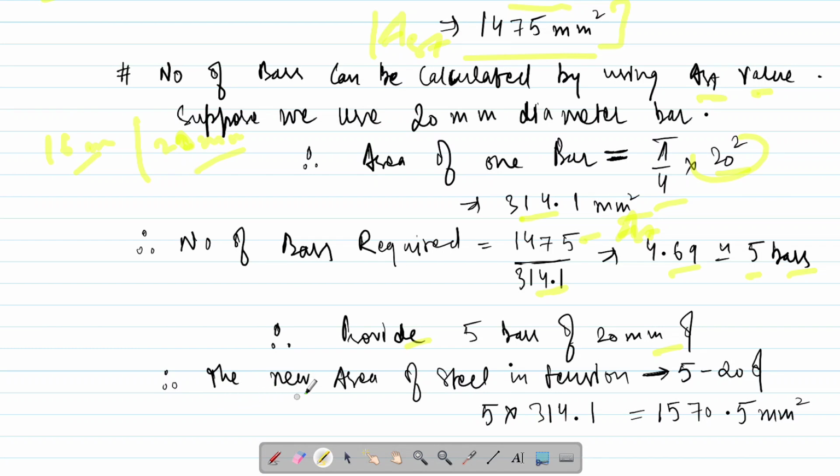Therefore the new area of steel in the tension zone will be the area of one bar of 20 mm into 5. That comes out to be 1570.5 mm square, which is approximately near the value that we have calculated, this one, the upper one.